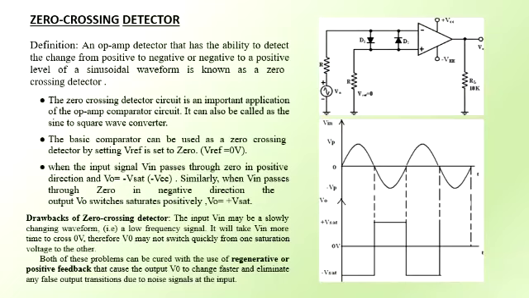And both of these problems can be cured with the use of regenerative or positive feedback, which causes the output voltage to change faster and eliminates any false output transitions due to noise signal at the input.